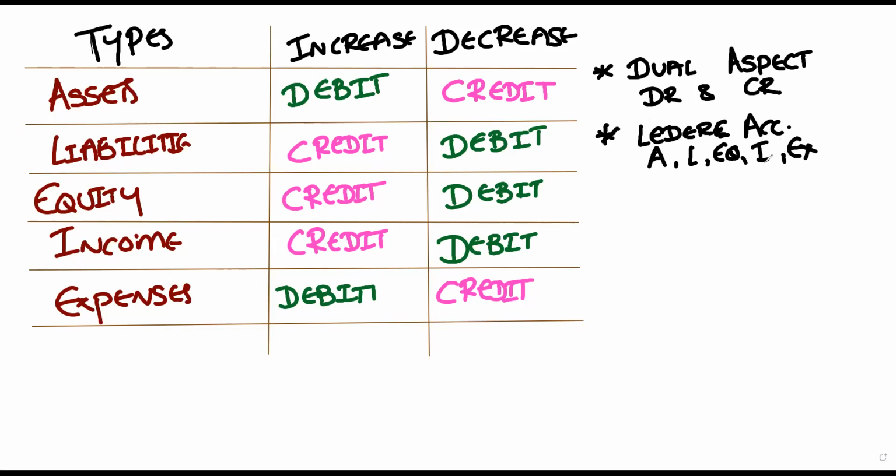You have to get that knowledge as a result of this subject. Then you have to decide what account to debit and what to credit. You must know this, okay?